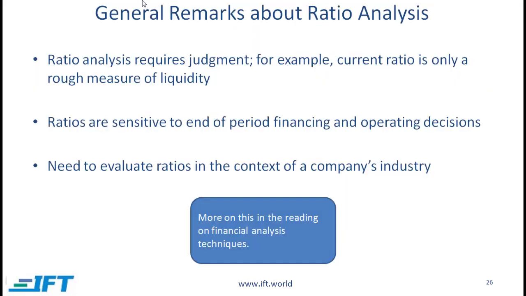A few general remarks now about ratio analysis. Ratio analysis requires judgment. For example, we've talked about the current ratio, which is only a rough measure of liquidity. You might come up with current assets over current liabilities equal to 1.2, and you might conclude naively that we have enough assets to cover liabilities.